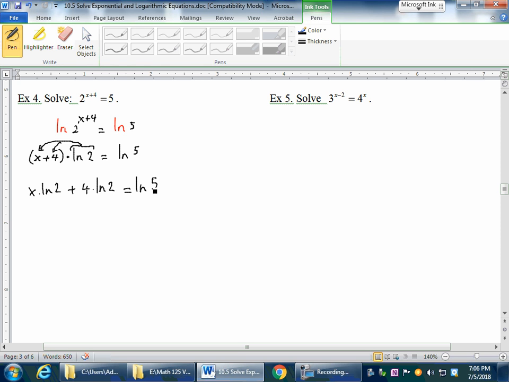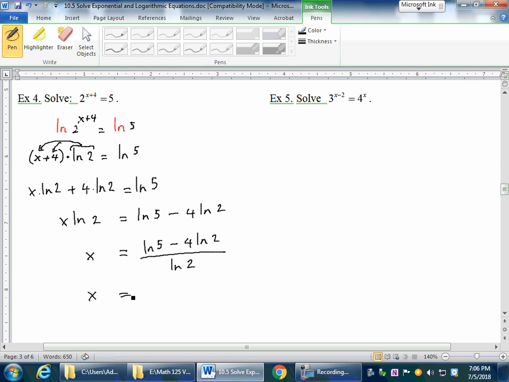To solve for x, first I'm going to have to subtract 4 ln of 2 from both sides. So ln of 5 minus 4 ln of 2. And finally, I divide both sides by ln of 2. So that will become x is equal to ln of 5 minus 4 ln of 2 divided by ln of 2.